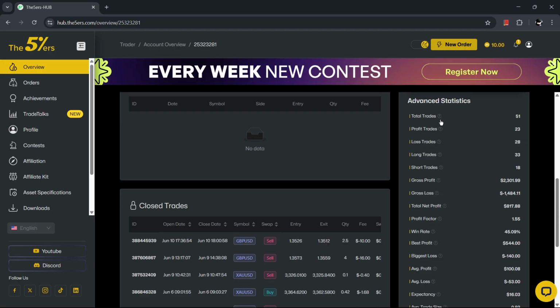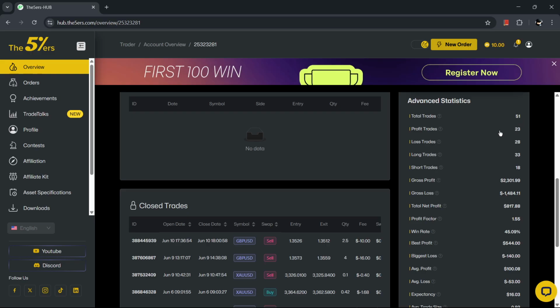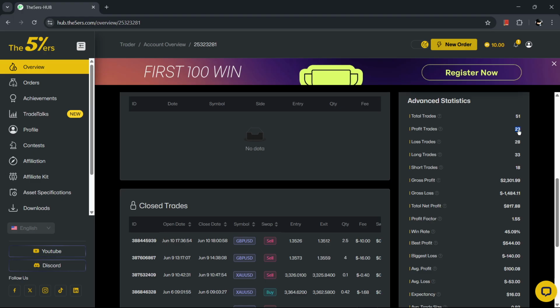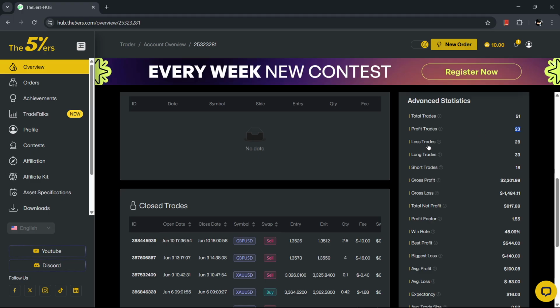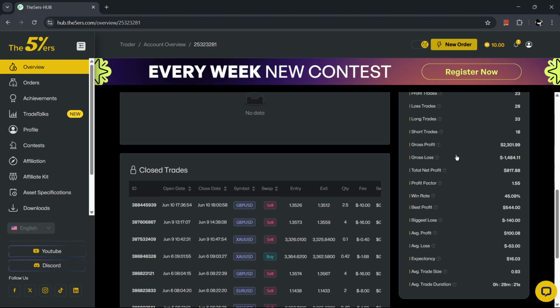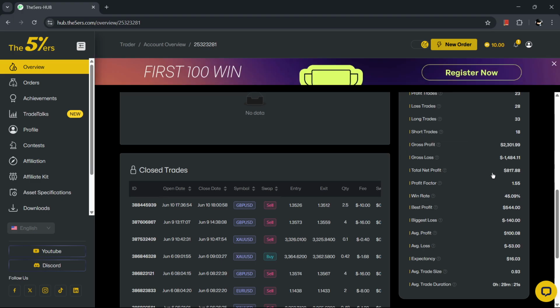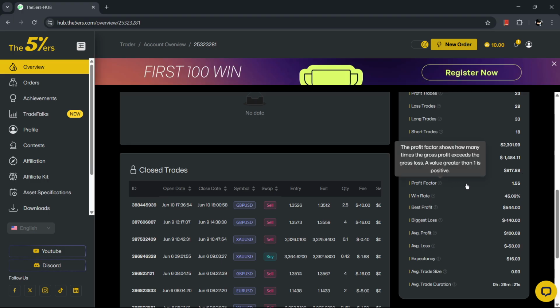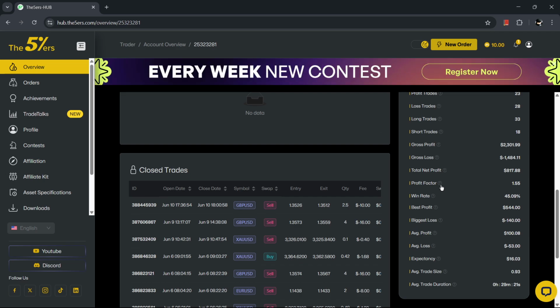I took almost 51 trades, about around 50, and I got 23 trades in profit, and I lost almost 28 trades. And you can say this profit factor is 1.5. I don't know what this means.